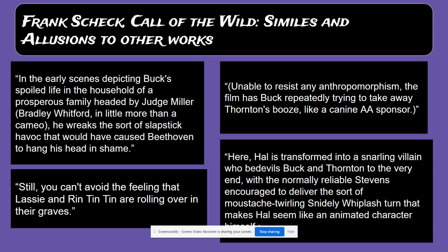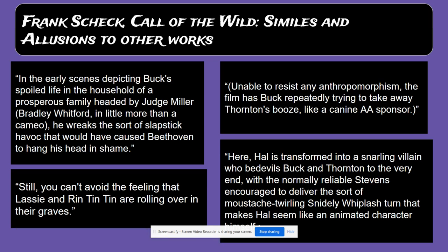If you go back to that idea of the Call of the Wild review that we read like a week and a half, 2 weeks ago now, there's a number of similes and allusions to other works. They mentioned Lassie and Rin Tin Tin, other famous movie dogs. I like this one because they deliver the sort of mustache twirling Snidely Whiplash turn.